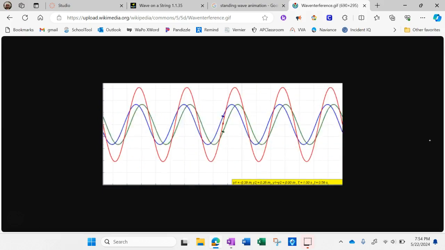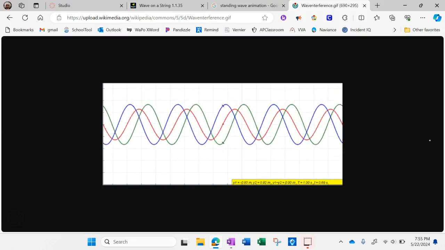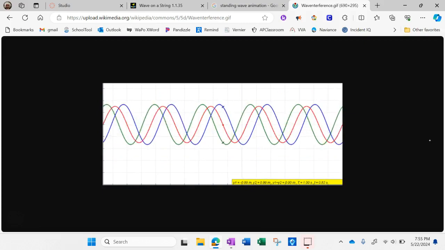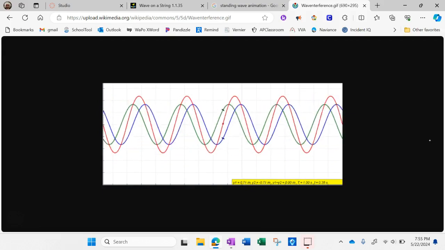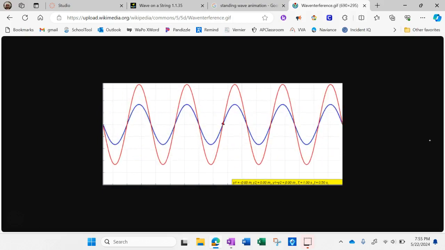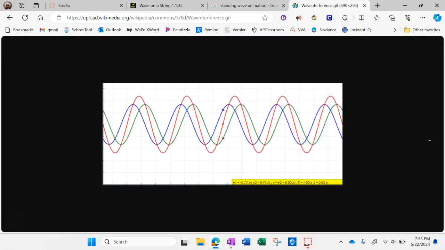Look at the green wave, a wave propagating to the right, interfering constantly, sometimes constructively, and then destructively, and then constructively, and then destructively. There's so much happening, but what you end up seeing is a wave that looks like it doesn't go anywhere. It looks like it's just standing there, and we call those standing waves.